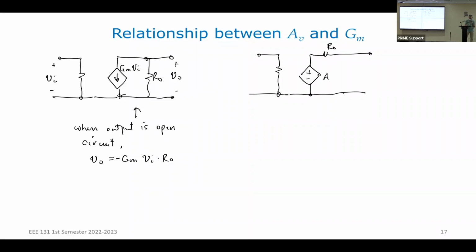This is AV times V sub I. This is V sub I, this is V sub O. If I leave the output open, in this particular case, V sub O is AV V sub I. So I have minus GM V sub I RO is equal to AV V sub I. So AV is equal to minus GM RO.